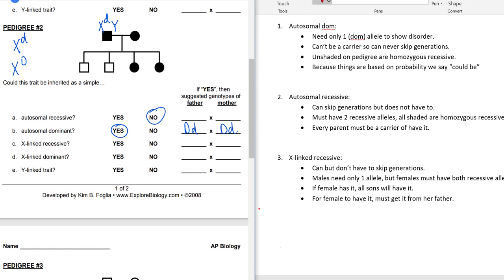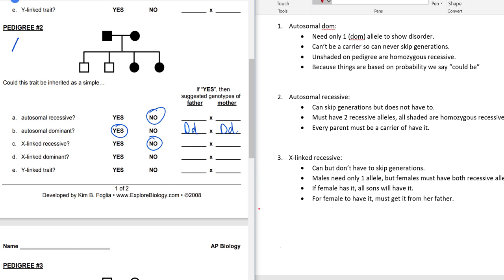Mom, if we're talking X-linked recessive, must be homozygous recessive. In this scenario, mom is going to give all of her sons X lowercase d, and dad gives the sons Y. All of the sons would have to have the disorder as well, and so therefore it cannot be X-linked recessive.